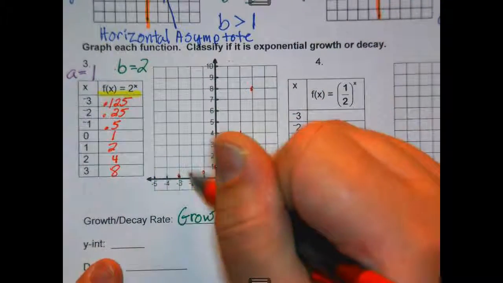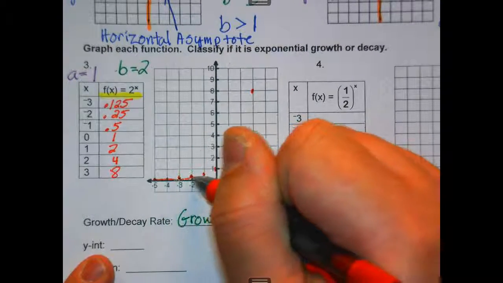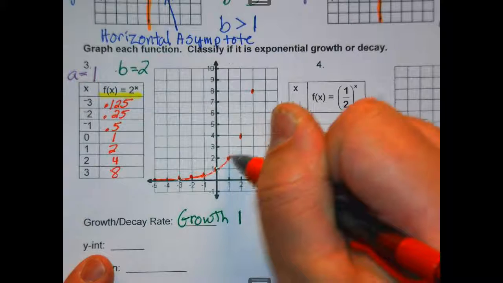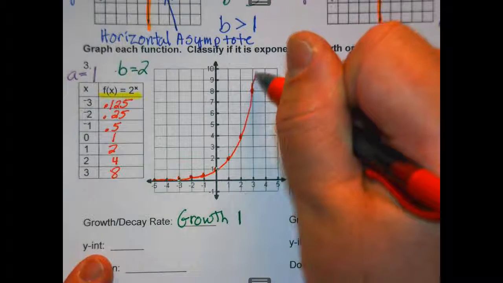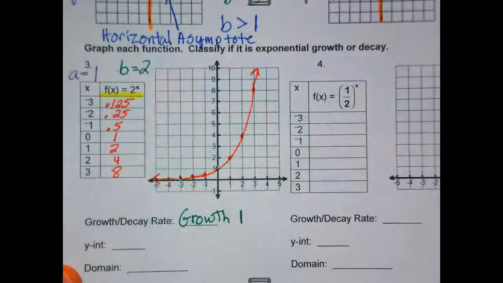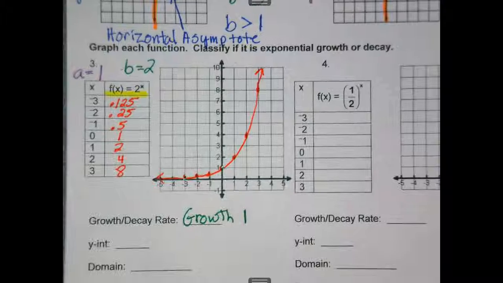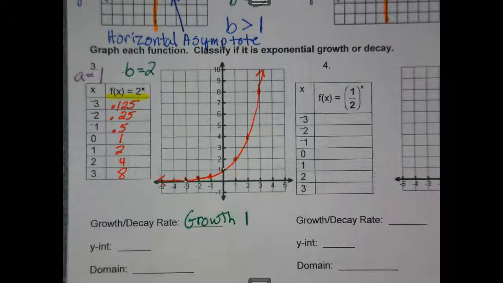By the way, this is going to be our parent function here, because our b is greater than 1 and our a is 1. Okay, there's my graph. We're going up. What's my y-intercept? What is across the y-axis?